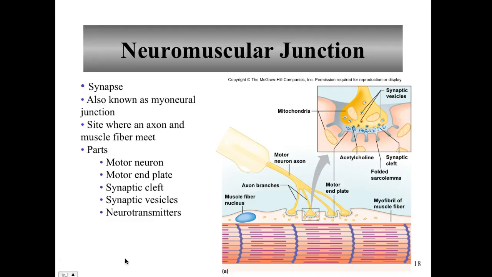The area where they meet, this here would represent the nerve fiber, down here would be the skeletal muscle fiber. That space between the two is called the synapse or the synaptic cleft. So in order for a skeletal muscle to contract, its fibers must first be stimulated by that motor neuron. So the motor neuron is the nerve itself.